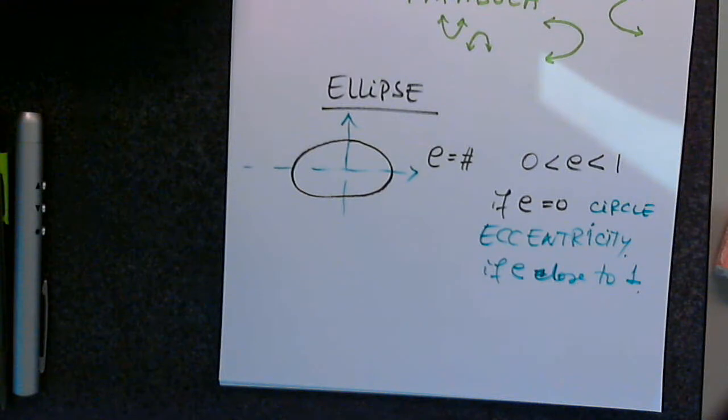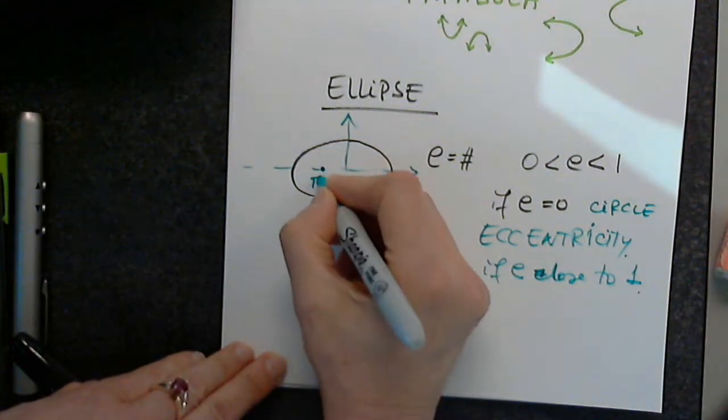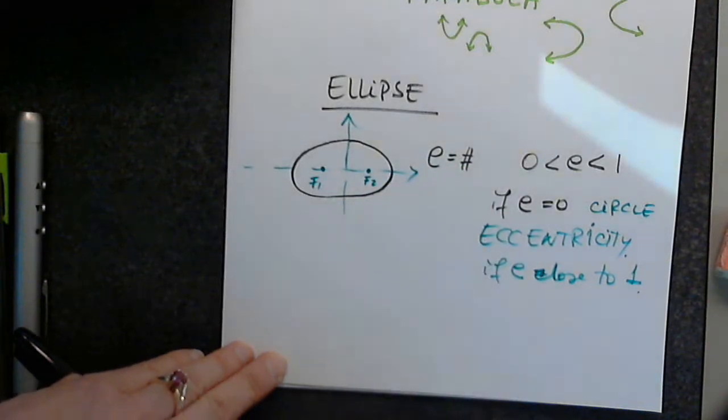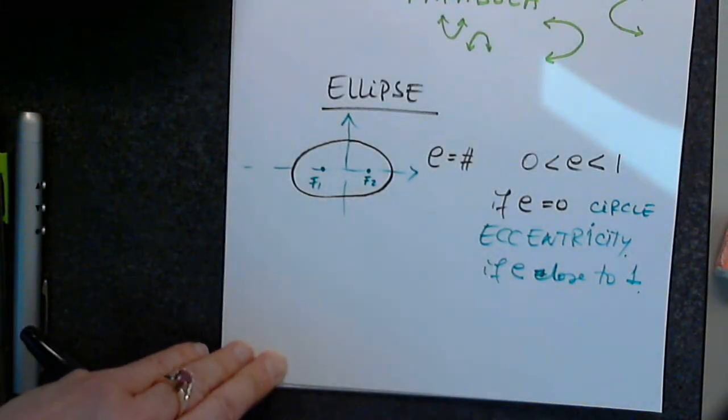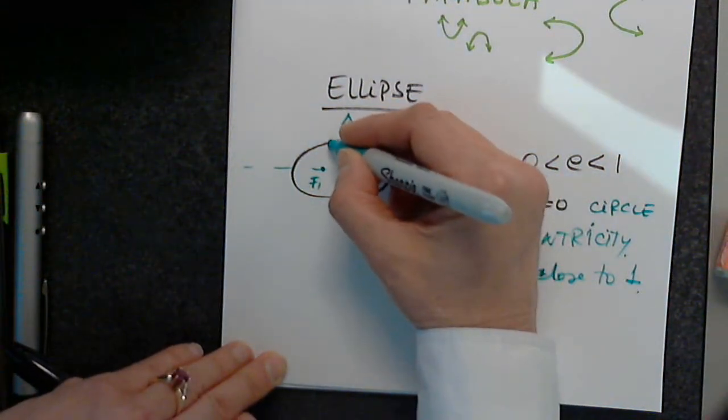Any point on the ellipse can be found at the constant distance from these 2 points called foci. This point here has the sum of the distances to the foci identical with this point here. Let's say this is F1 and this is F2, for foci, and here is a point on the ellipse.